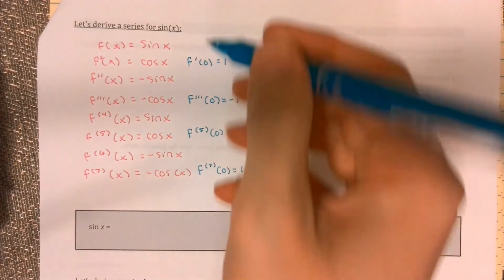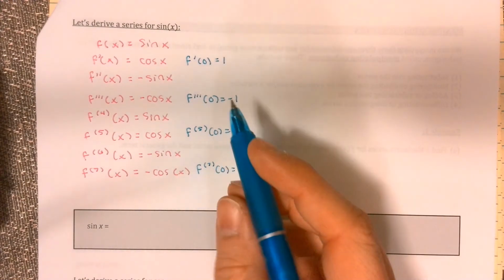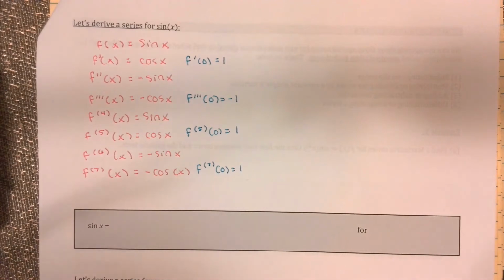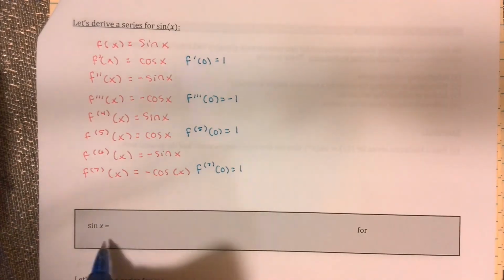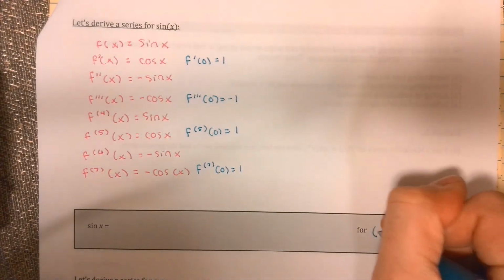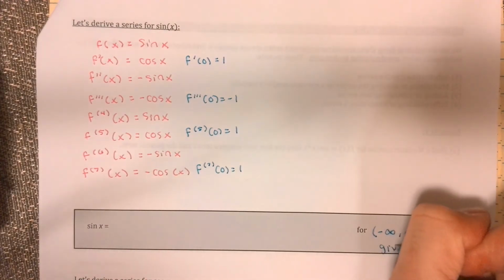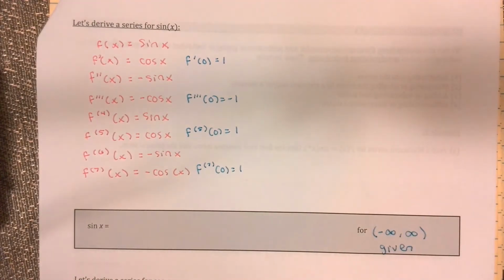Everything else, all of these other derivatives will be 0 because sine of 0 is 0. I'm going to write this out before I write it in my nice pretty box here. Again, this series is going to converge from negative infinity to infinity. I'm giving you this now. We're going to prove it in part 2 of chapter 9.